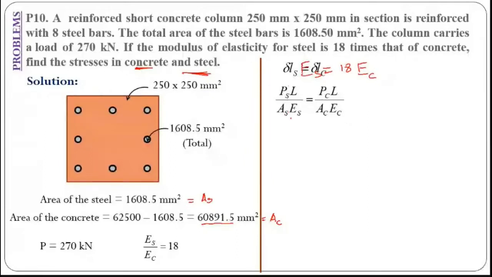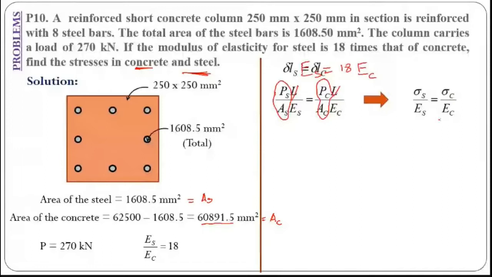P by A is stress, because we are asked to identify stress. So sigma S, L is common, so I will cancel L. So sigma S by ES is equal to sigma C by EC. This is the formula I am getting.